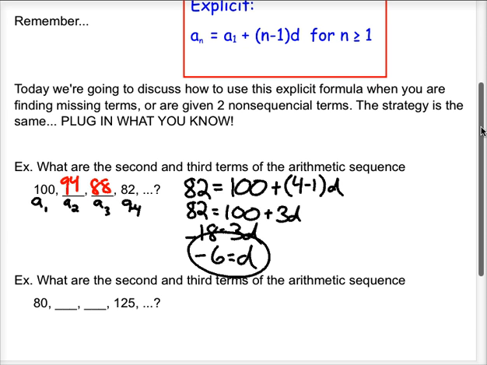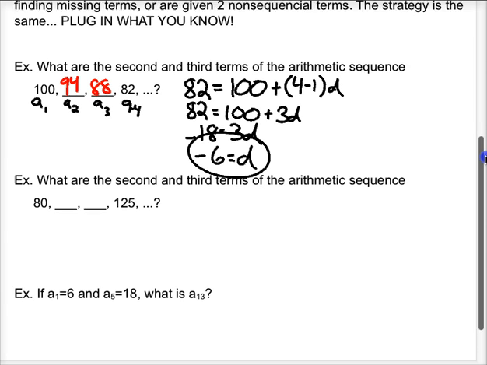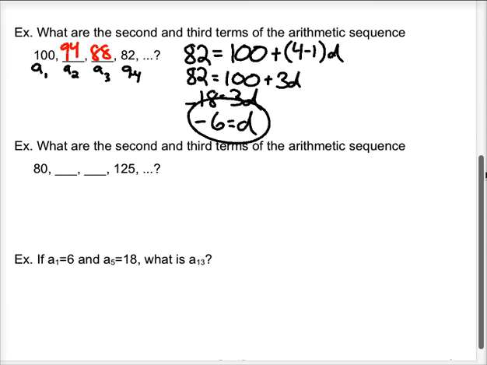So that's our strategy here, using that A1, A4, and the fact that we know what n we're talking about in order to get that common difference. So let's try it again. So we have A1. We're missing A2 and A3, and we're given A4.